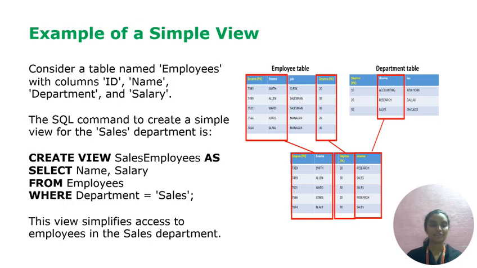This view simplifies access to employees in the sales department. Here we can observe that the name and the salary both appear from the employee table where the department is equal to sales.